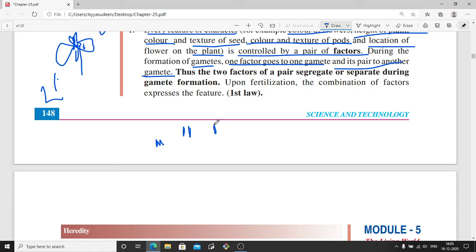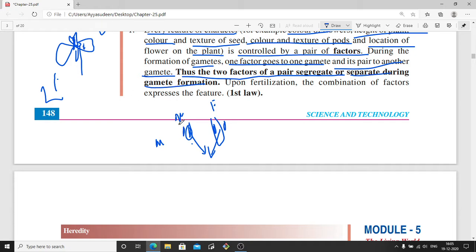Let's say this is male and this is female, and during the formation of a new gamete, new generation, one factor from this goes here and one factor from this goes here, any one. So thus the two factors of a pair segregate or separate during gamete formation.